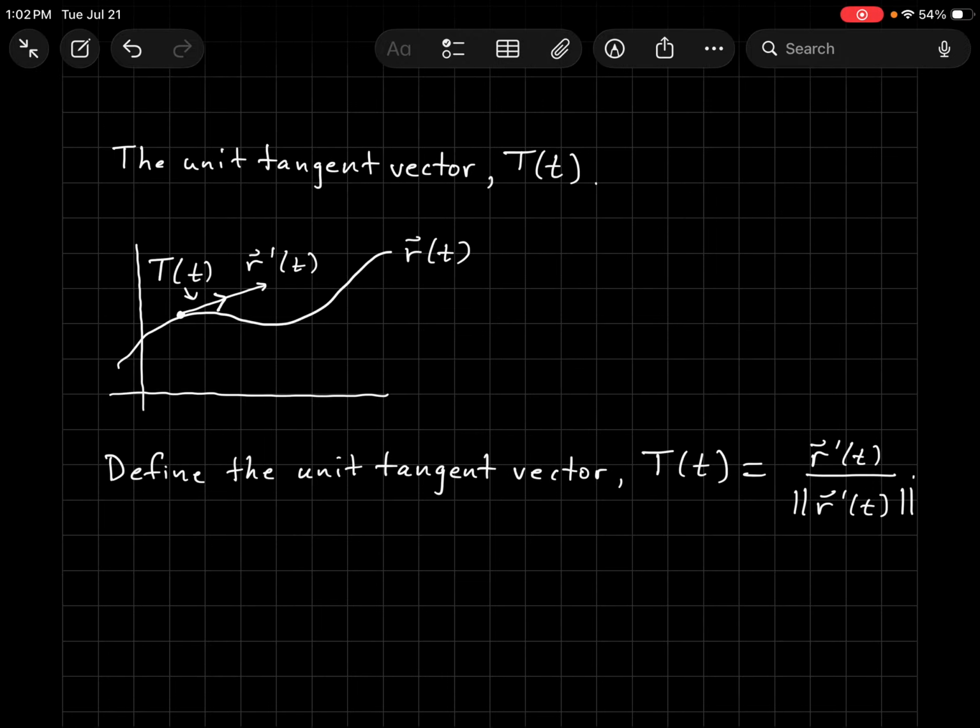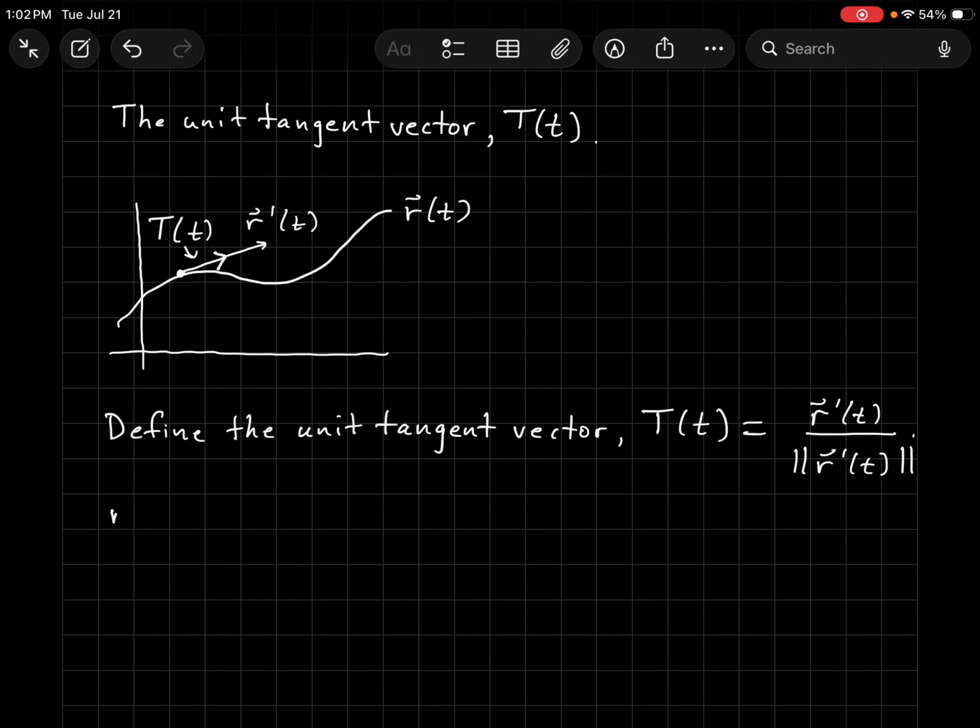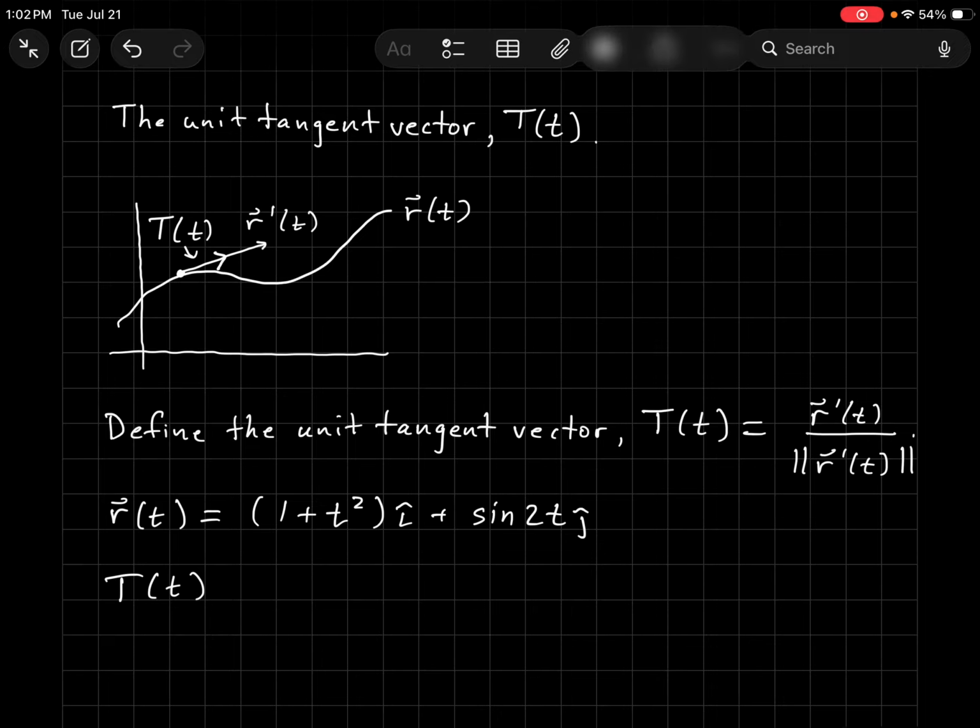So, modifying our earlier problem, where r of t equals 1 plus t squared i, and I'm just going to make it plus sine of 2t j. So it's a slightly modified version of the earlier problem. And we want to find the unit tangent vector T of t. Before we do that, we need to find r prime of t.